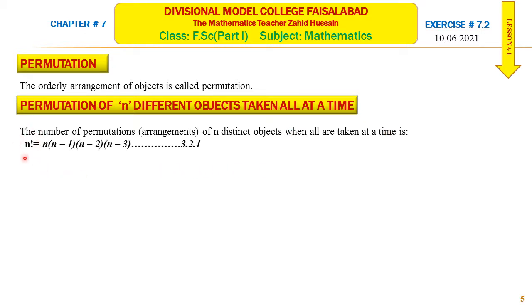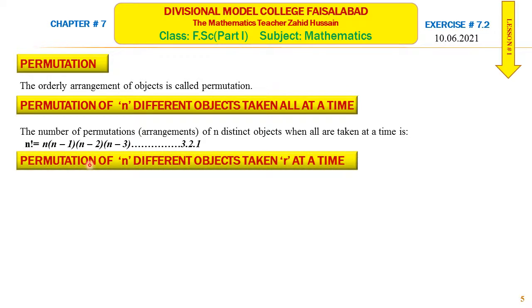If there are 5 objects and all the 5 have to be taken, the number of arrangements will be equal to 5 factorial, and we know how to find the factorial of 5. We will multiply 5, 4, 3, 2, 1, and we will get the answer. So this is permutation of n different objects. All the objects should be different, and if all the objects are to be taken at a time, then the number of arrangements is n factorial.